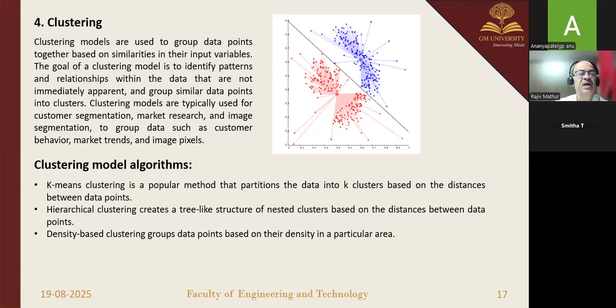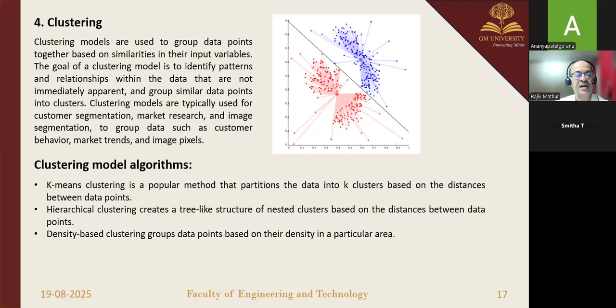Clustering models are typically used for customer segmentation, market research, and image segmentation to group data such as customer behavior, market trends, and image pixels. So what are the common algorithms that we use in clustering models? K-means clustering is a popular method that partitions the data into K clusters based on the distances between the data points.